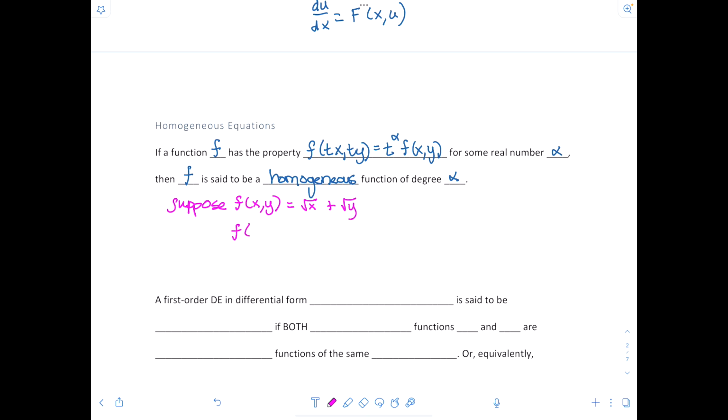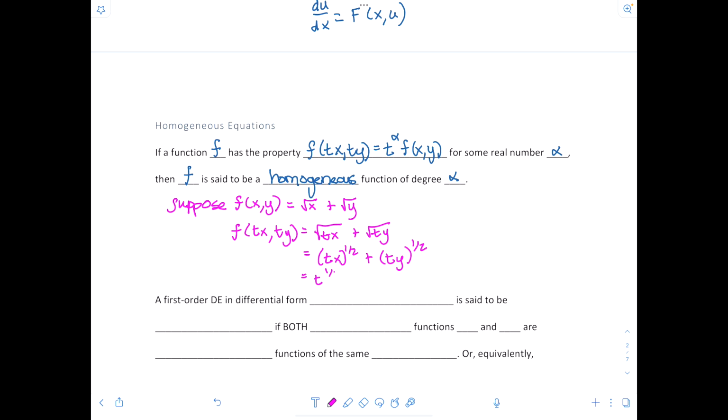If we evaluate f at tx and ty, we would get the square root of tx plus the square root of ty. This in turn would equal, the square root function means that they're both raised to the 1/2, right? So we have (tx) to the 1/2 plus (ty) to the 1/2.